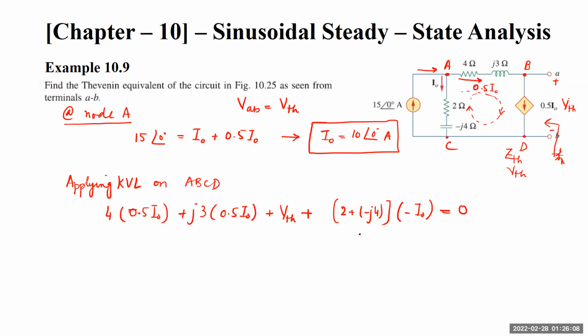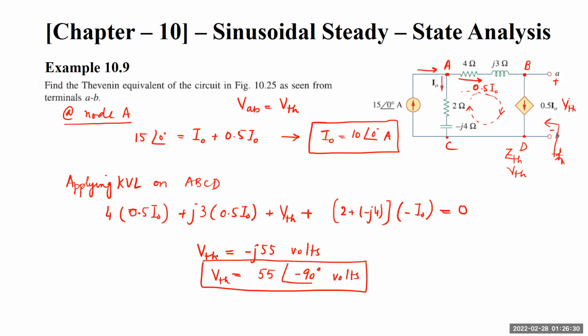If we calculate V Thevenin from this loop, this value will be equal to minus J55 volts. And remember, minus J55 is 55 angle of minus 90 degrees. So we have calculated the V Thevenin for the circuit.